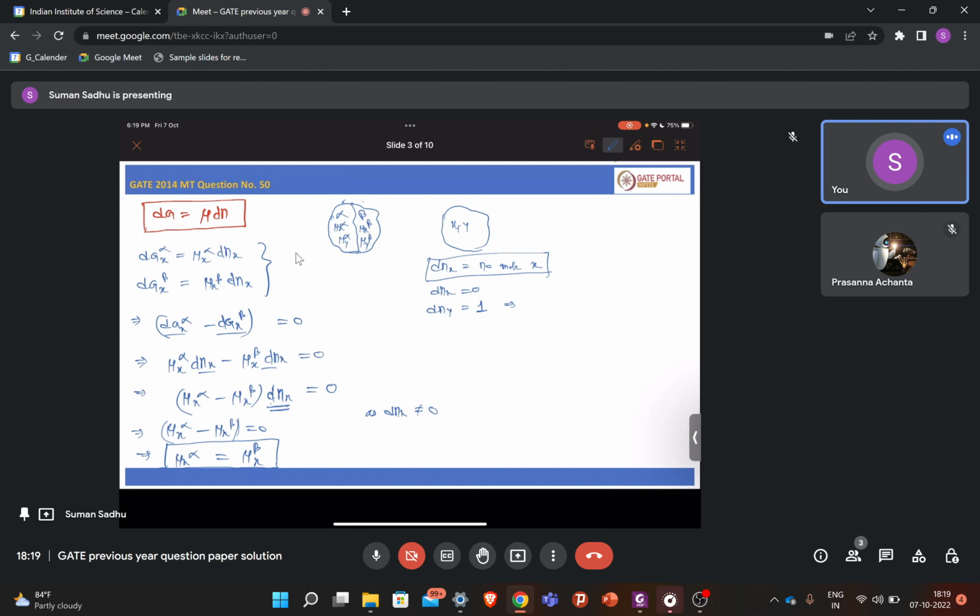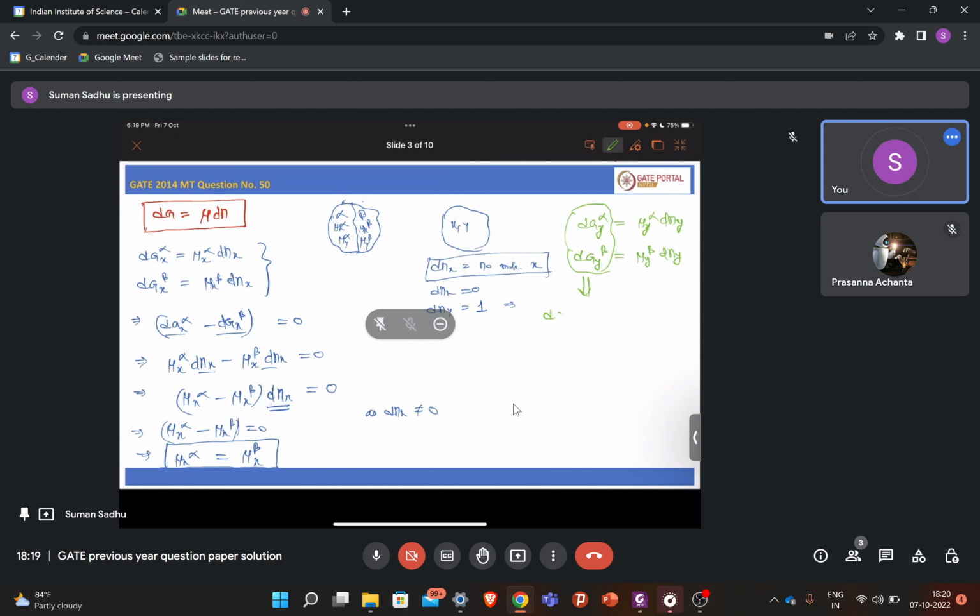So similarly, if I write in terms of component y, then it will be mu y alpha dn y, and dG y beta, mu y beta dn y. Similarly, for component y also, the free energy will be the same, right, if it is under equilibrium.